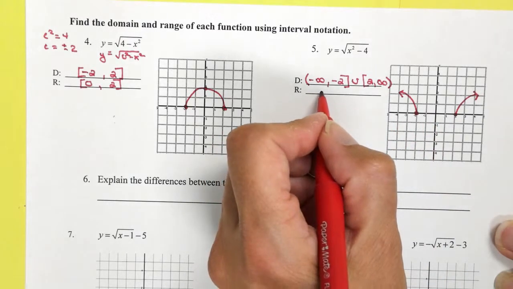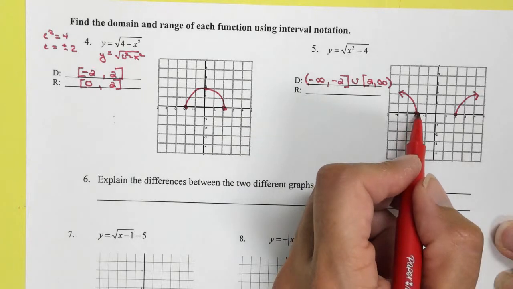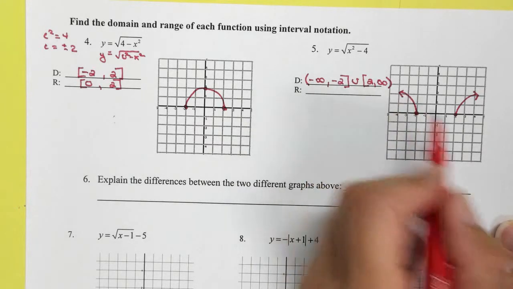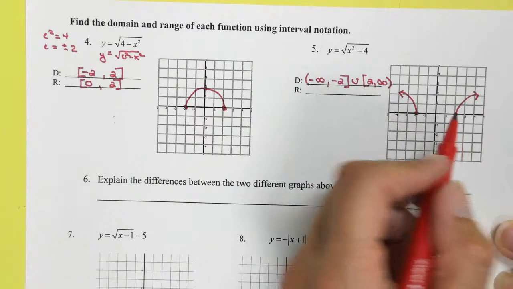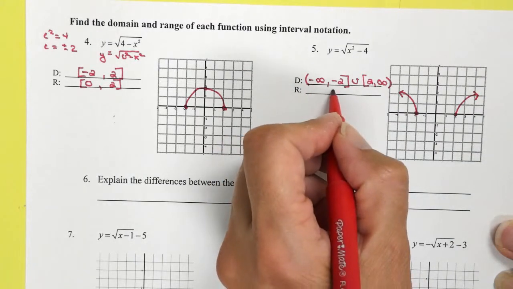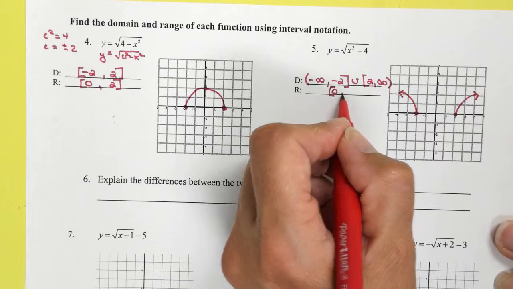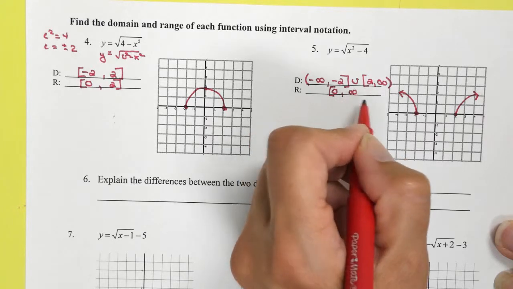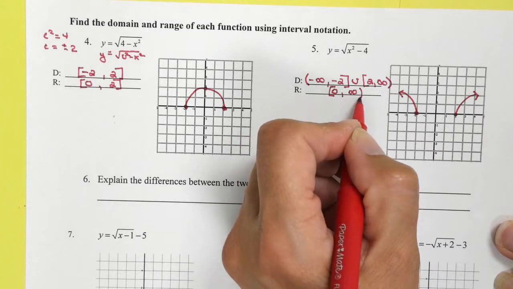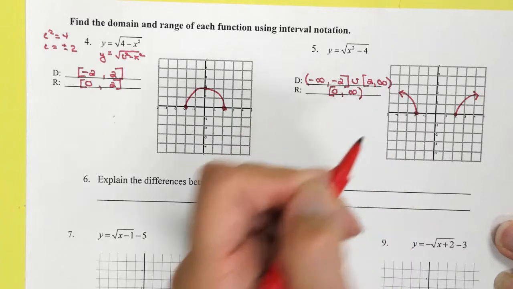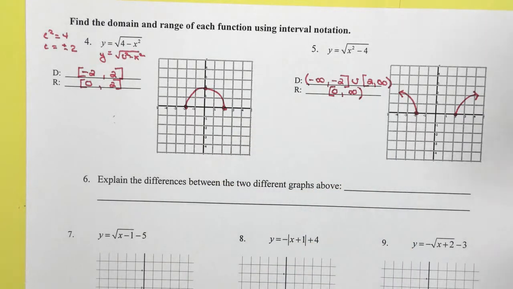And similarly, when I think about the range, I notice that the range for the left branch and the range for the right branch is the same. So I do not need to write it twice. I just start with the lowest value of 0, using a bracket since it's included, and go up to infinity because they're the points above, using a parenthesis. And my domain and range are complete.